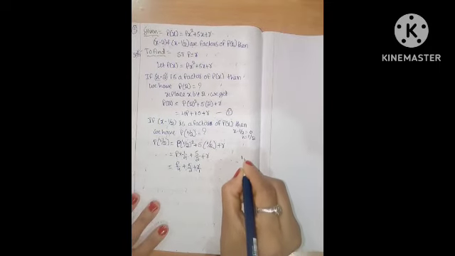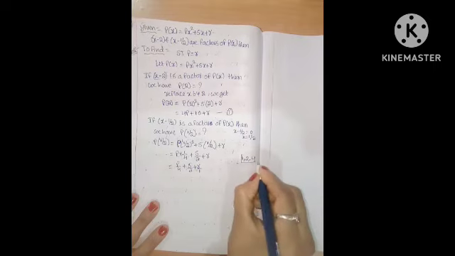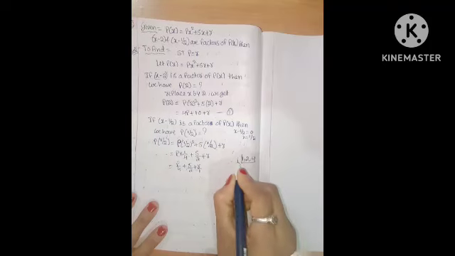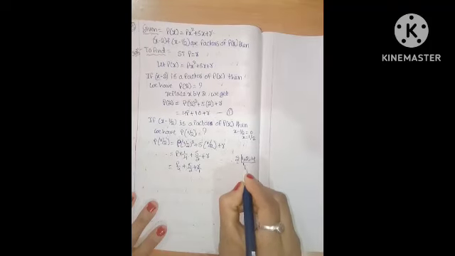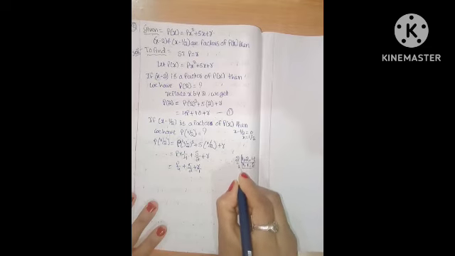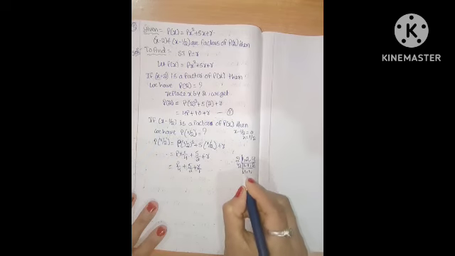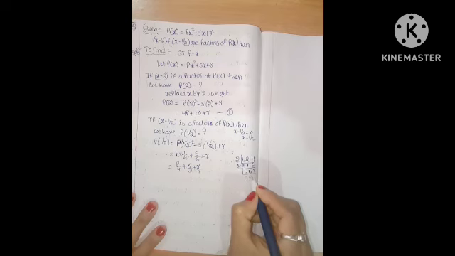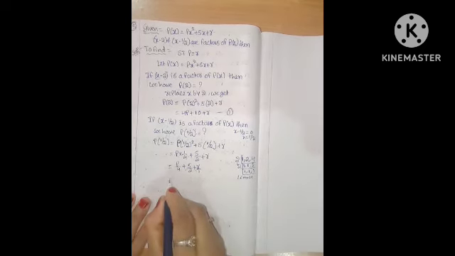The LCM of 1, 2, 4: first we will find it. Divide by 2; 1 as it is, write it in the next row, 2 ones are 2 and 2 twos are 4. Next, again divide by 2; 1 as it is, and 2 ones are 1. So the LCM equals 4. Okay, are you clear?